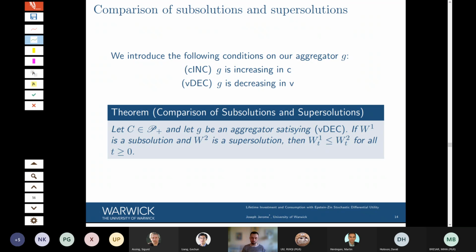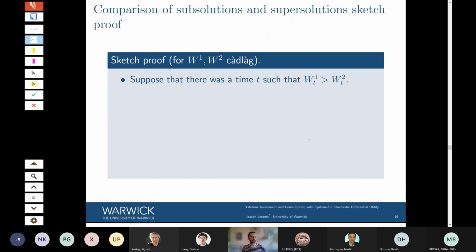And I'll just give a brief sketch of how that argument should go. So suppose that there is some time t such that the subsolution is greater than the supersolution, and then let tau be the first time that it is less than or equal to it.